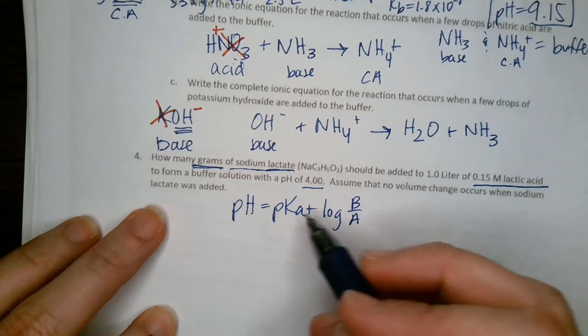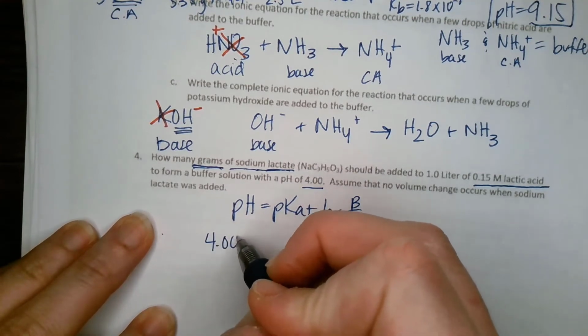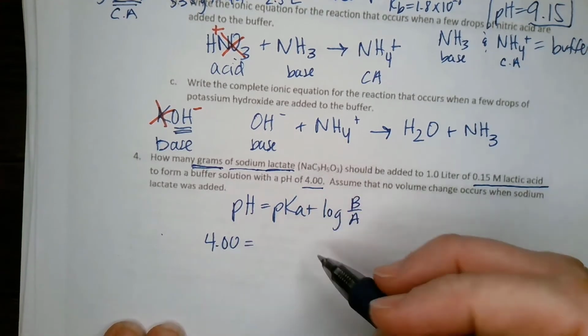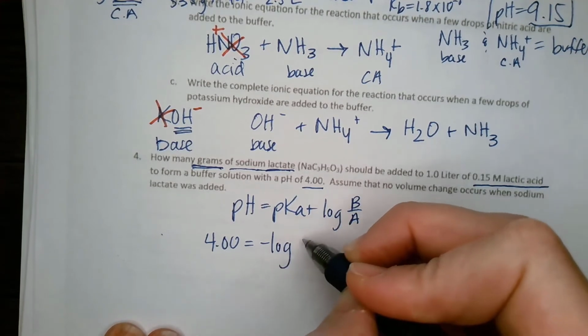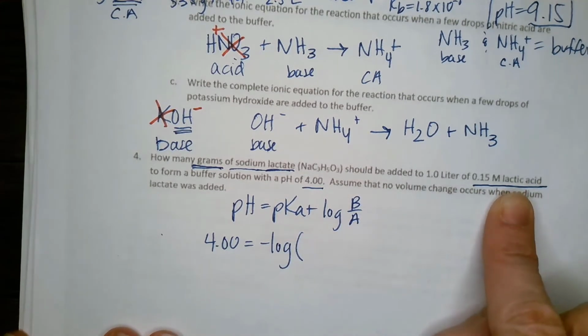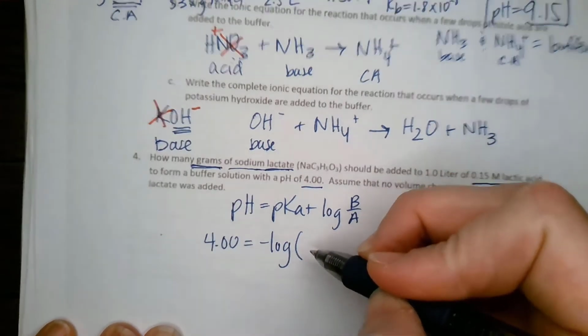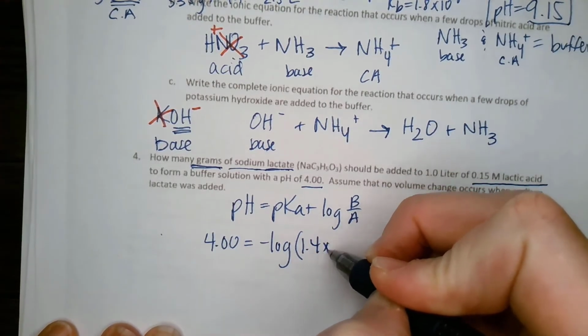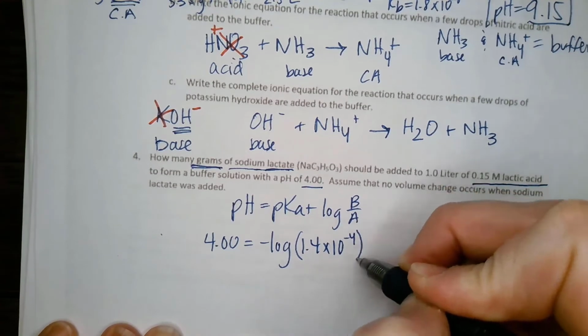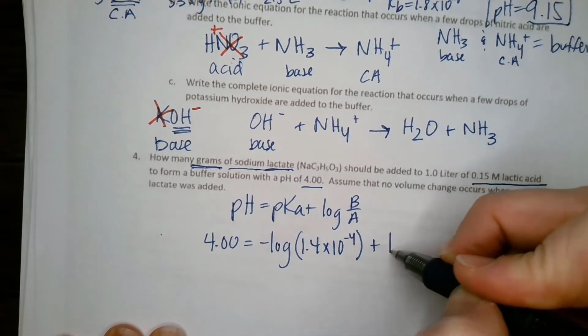All right, so let's plug in what we know. We know the pH is 4.00, which is equal to the negative log of, let's look up lactic acid. We actually did that way up in the problem up there. Its Ka is 1.4 times 10 to the negative 4th, plus the log.